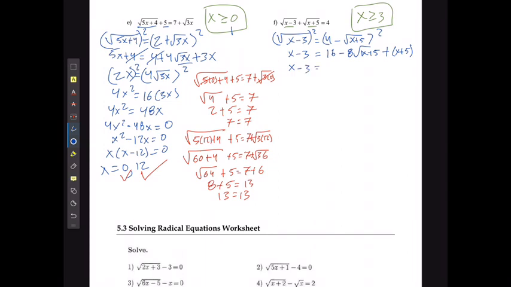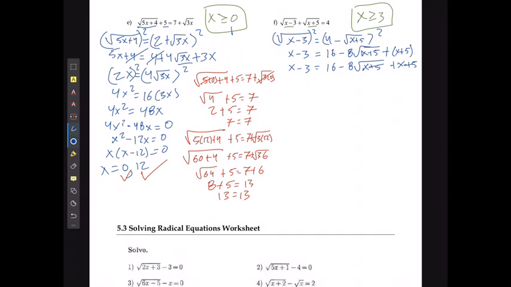X minus 3 is going to equal, when I am combining the like terms here, 16 minus 8 root x plus 5 plus x plus 5.